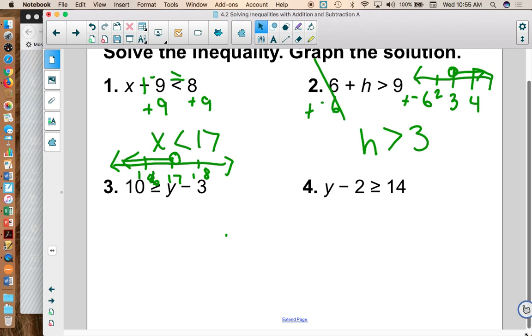Don't let it trick you. The graph of number 3 is going to try to trick you. Don't let it. You're graphing the solution set. Don't let the graph trick you. You tell me, y has to be what?